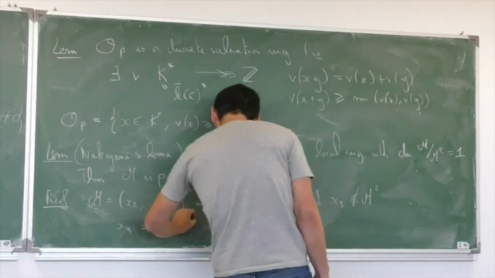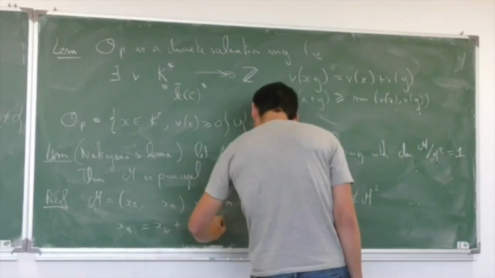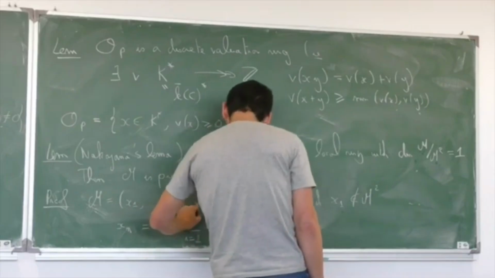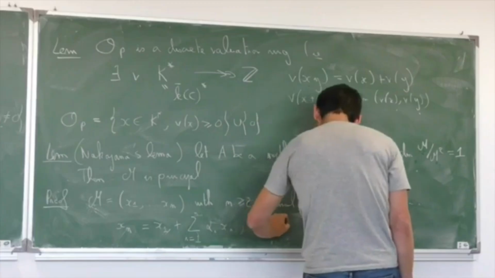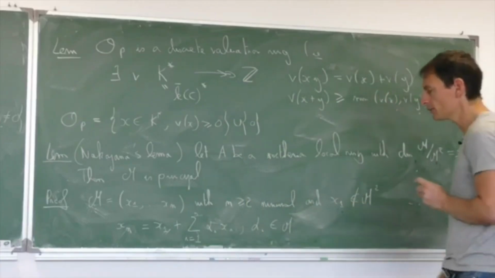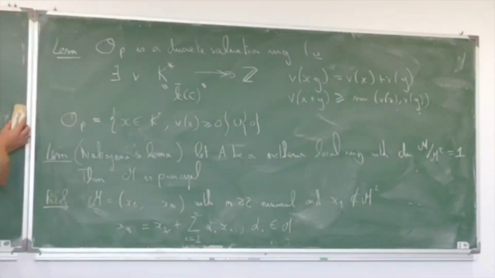So this is a sum that I can write as the sum of alpha i xi, from i equals 1 to n, with alpha i inside M. And now I win, because you can do the following.